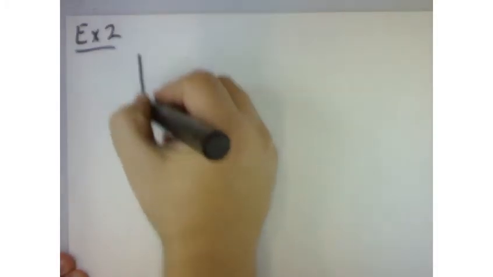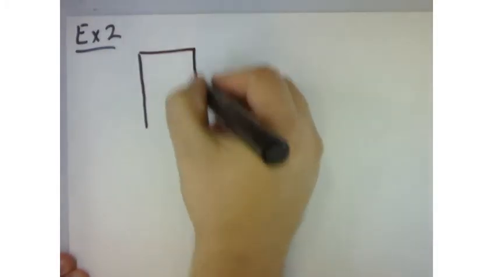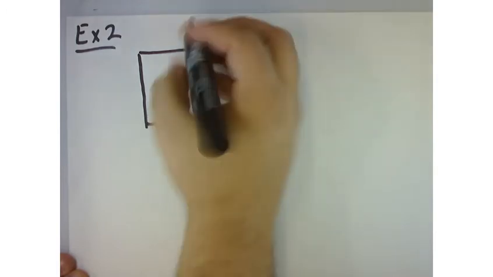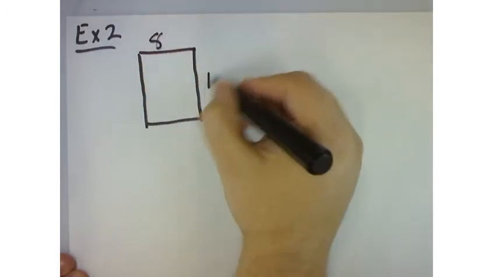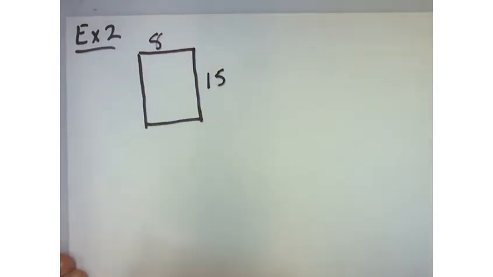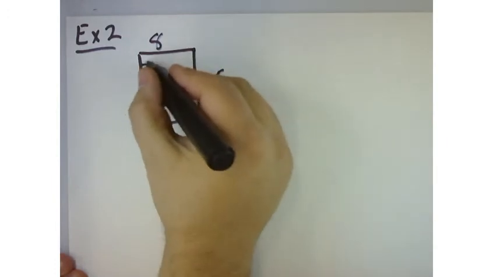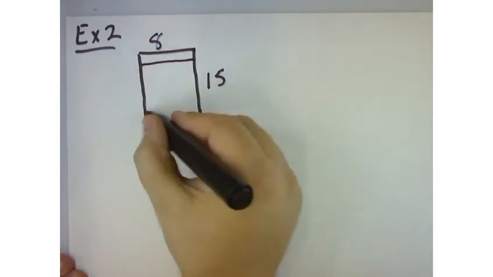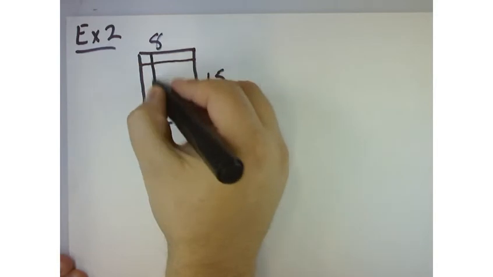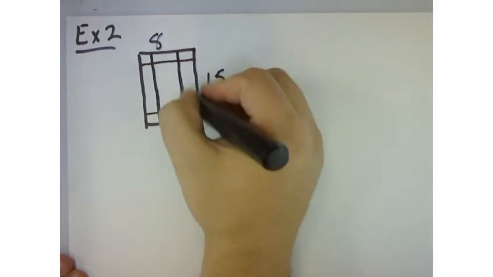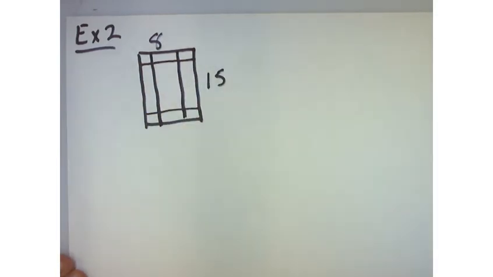So for example number 2, what they're saying is they have a sheet of cardboard, and it's 8 inches by 15 inches. They're not sure how much they're going to cut, but what they're saying is the height of the box is x units.